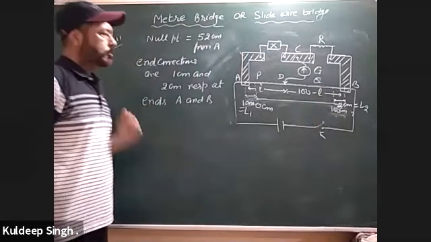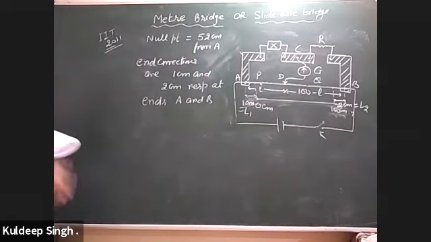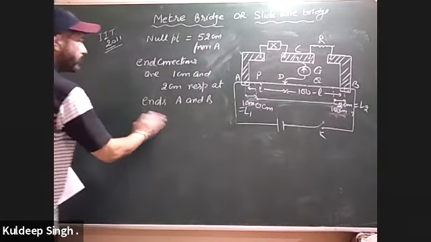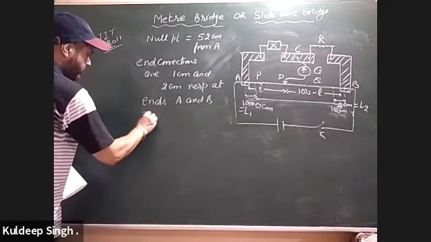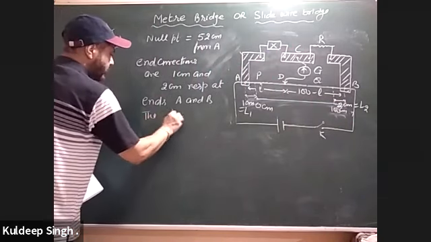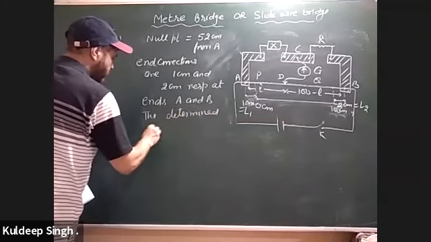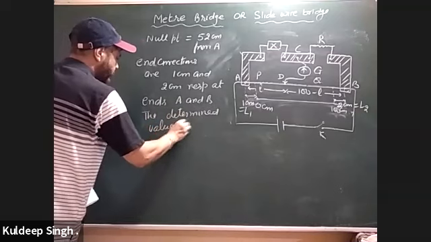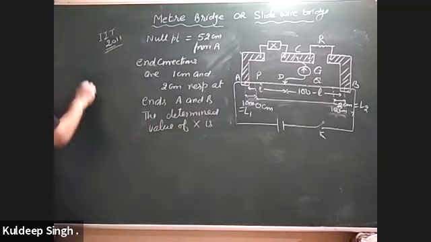So what do you have to do? In this case, the question is: the determined value of X is, there are 4 options given.